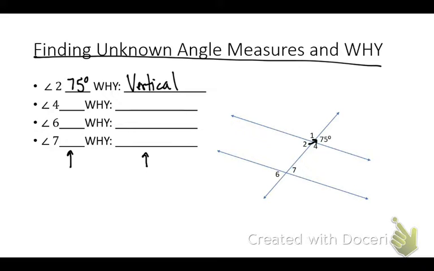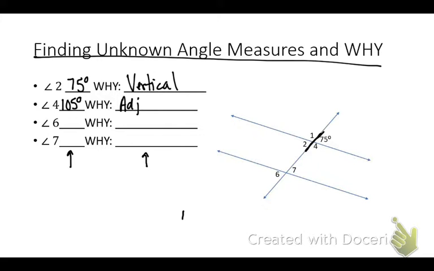All right, what about angle 4? This is the one that you have to subtract from 180 because they're next door neighbors. So they're adjacent.